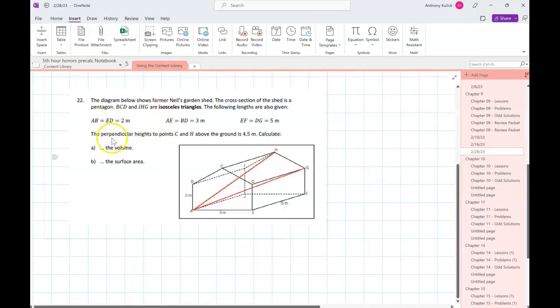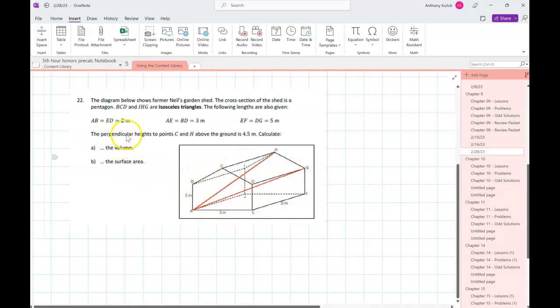The following lengths are also given, that AB is 2, so that should be the same thing as DE, FG, and IJ, since it was a regular figure. And then we're told AE and BD are 3, so this is 3, this is 3, JF is 3, IG is 3, and then EF and DG are 5, as is AJ and BI.